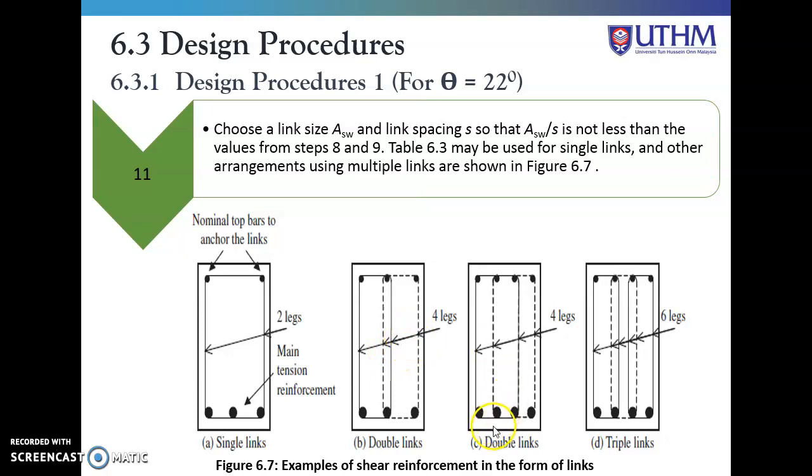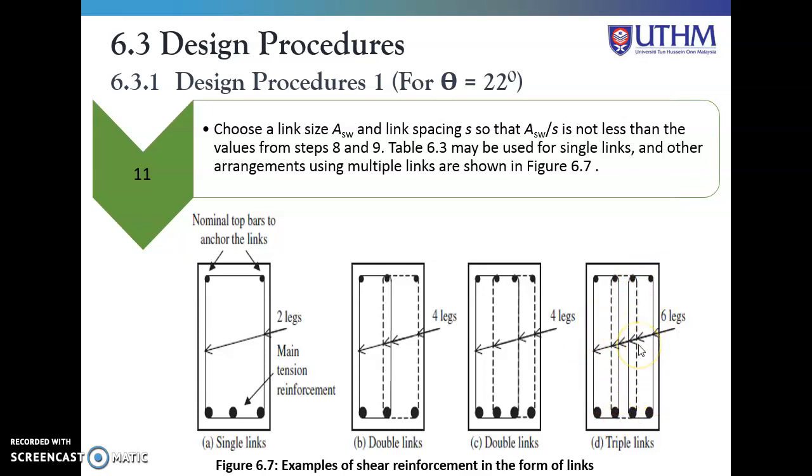Okay, so ni another one double link, so they will have this link cover this area, and this link is cover this area. So same, we will have 4 leg, and if you use a triple link, so it will become like this. So 3 links here, so we will have a 6 leg.